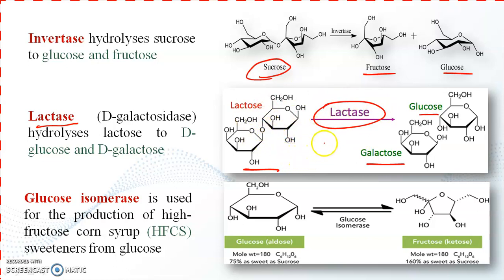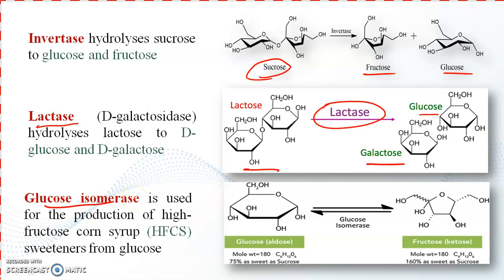Hence they have a problem known as lactose intolerance. So to produce products for such persons, we add lactase to the milk, and we convert lactose into glucose and galactose before consumption. This way we produce lactose-free milk.